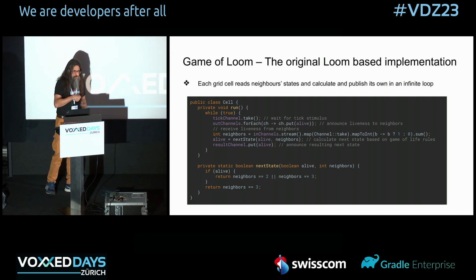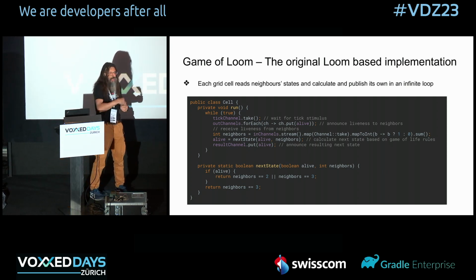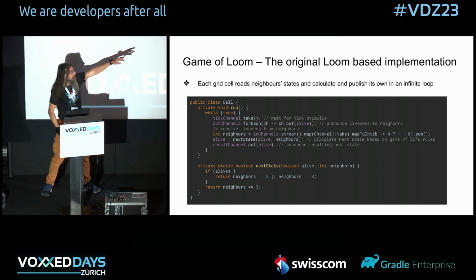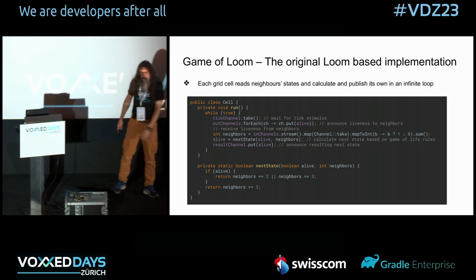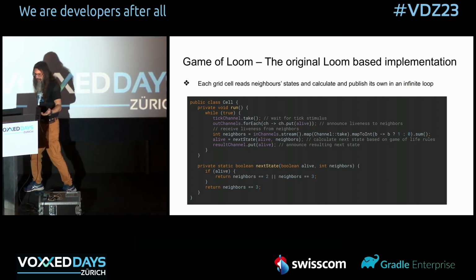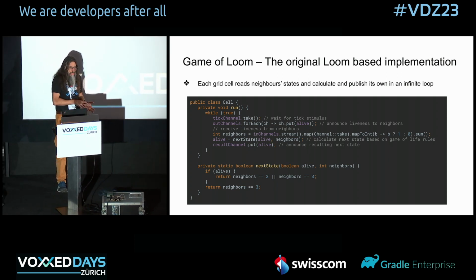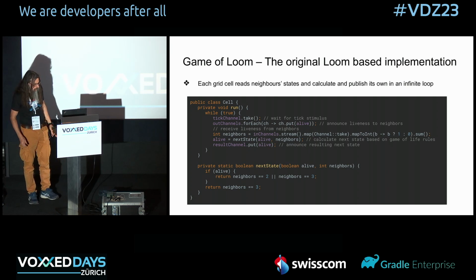It calculates its own state. It communicates the new state to the neighbors, and then communicates the state to the coordinator. And the algorithm to calculate the state is the usual game of life algorithm, where a cell is alive if it was alive before and there are 2 or 3 neighbors alive, or if there are 3 neighbors alive.